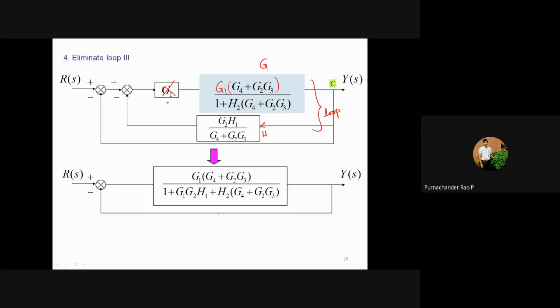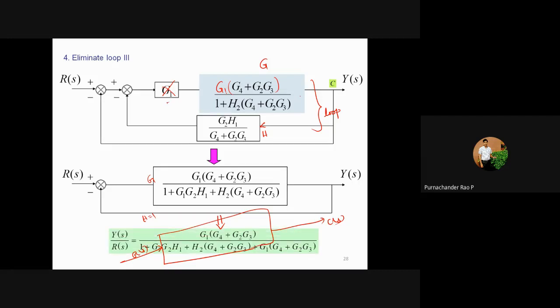Okay. Then again you need to reduce this into a single block diagram. Okay, so single block by taking this as G and here H is equal to 1. So this is going to be your R of S and this is going to be your C of S. Okay, so this is the resultant of your given block diagram.